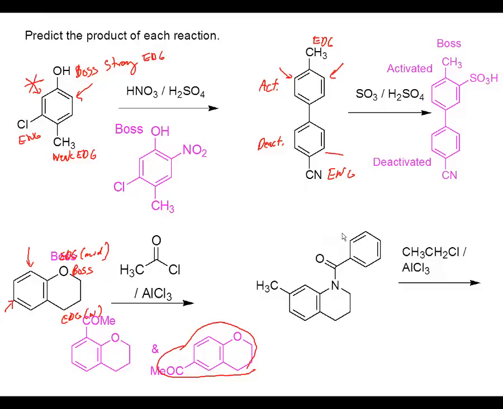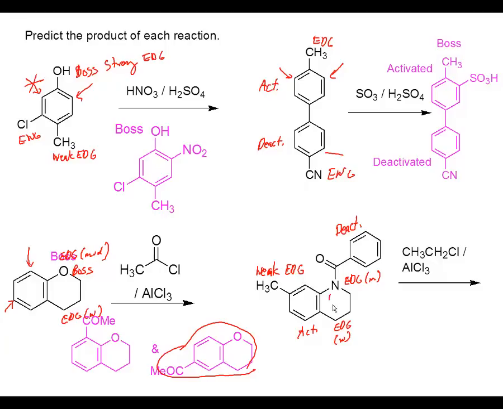Finally, this last one, we have two benzene rings. This one is deactivated, this one is activated. Electron donating group that's moderate, electron donating group that's weak, and also another weak EDG, right?